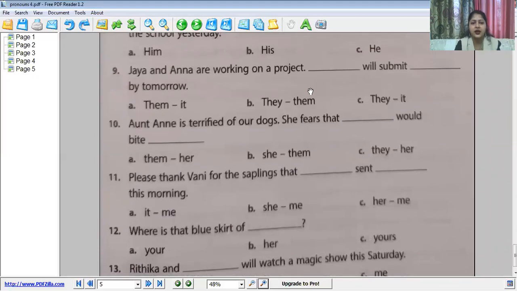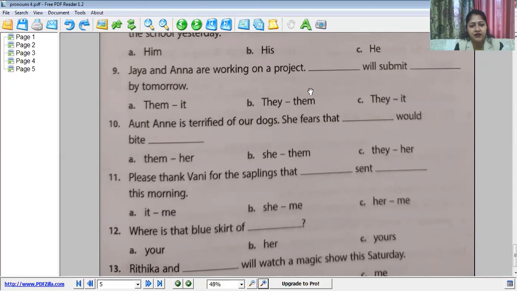Jaya and Anna are working on a project. Dash will submit dash by tomorrow. They will submit it by tomorrow because it is a project. So you have used it. Okay.